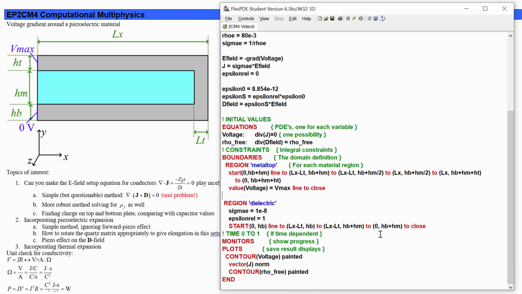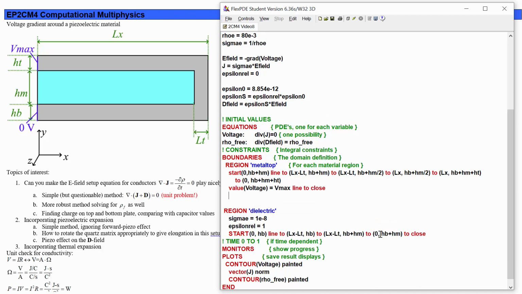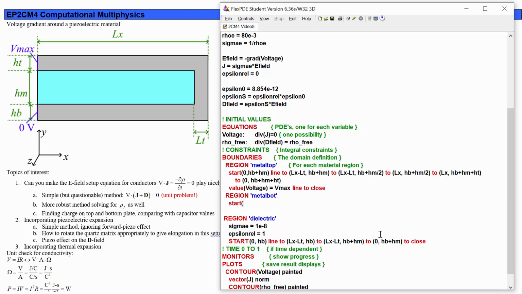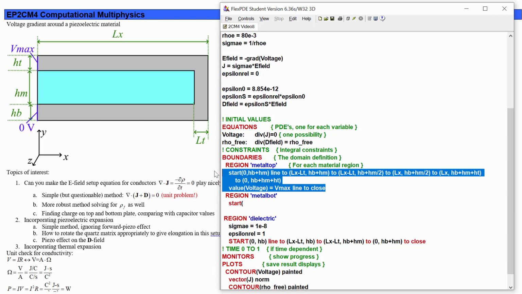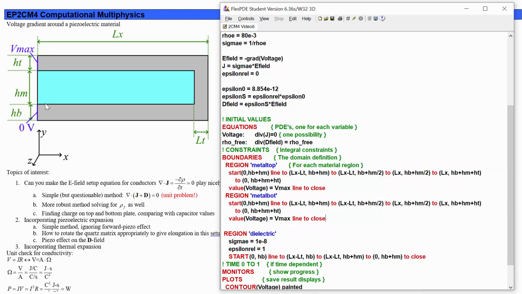So we'll eliminate the rest of this drawing, and we'll add in a new region, region metal bot, and we'll start at the opposite of this. This is going to be very similar to the previous drawing, except that we're going to go here and then up and then down.